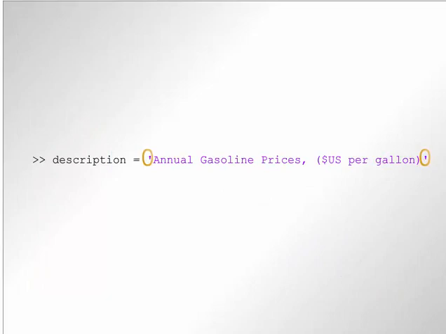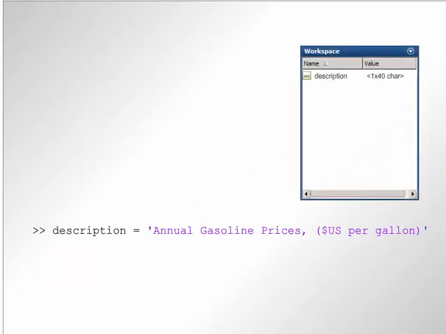The class of the variable description is no longer double. It is of class char, which indicates the variable type is a character array, and it can save more than just alphanumeric characters, such as commas and parentheses. The rules for indexing, assignment, and concatenation you have applied in the previous sections with numeric arrays are all still valid with character arrays.